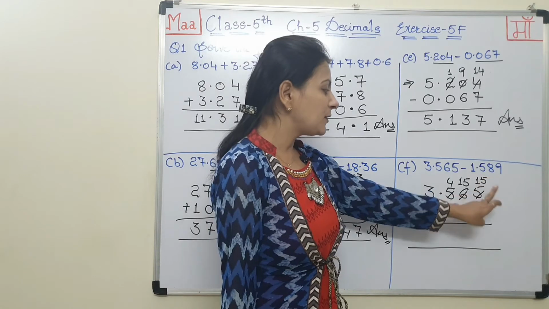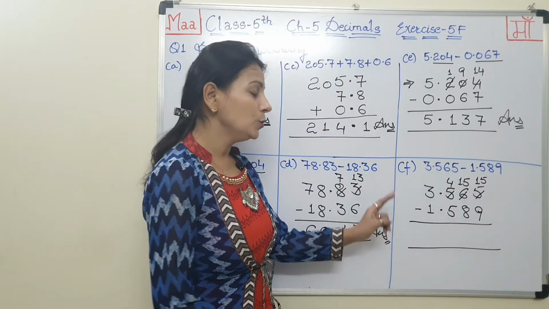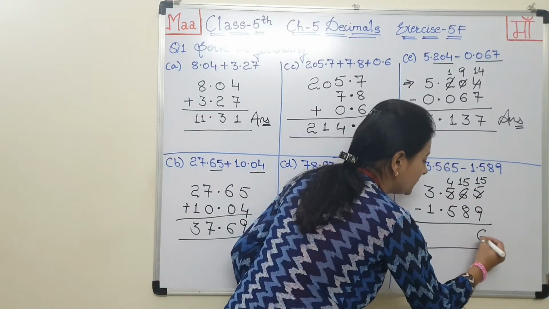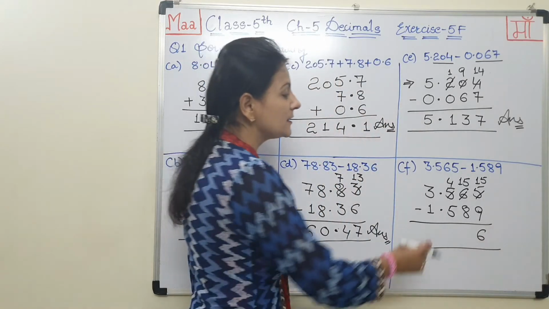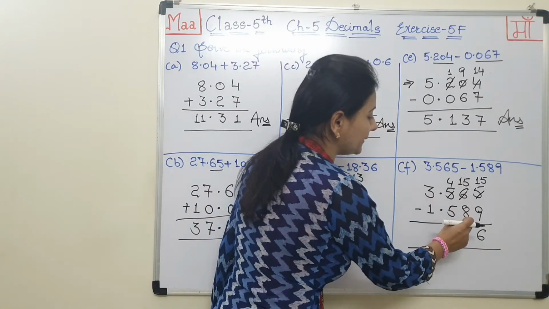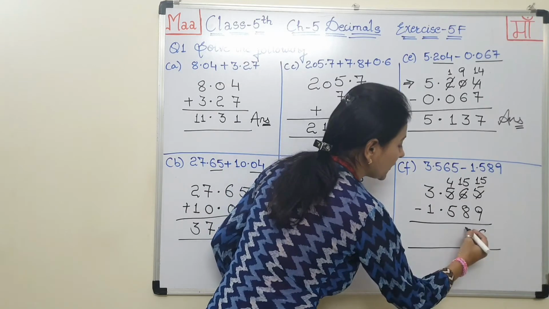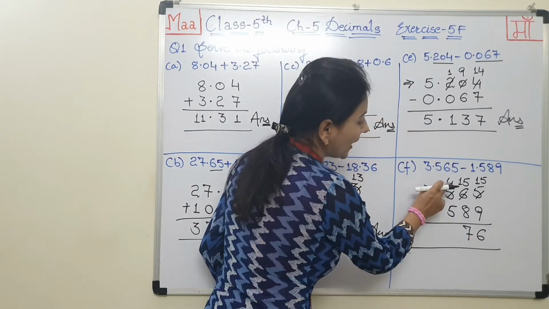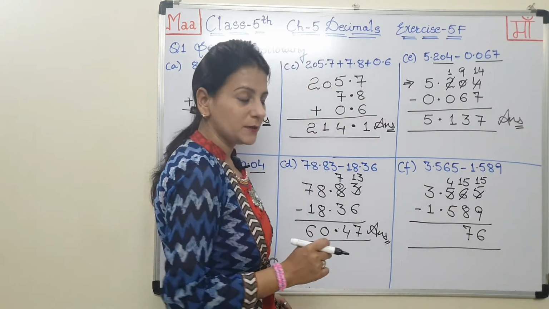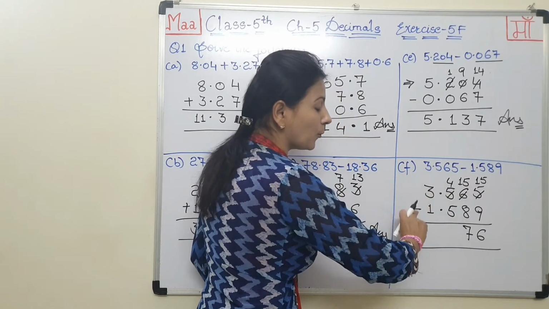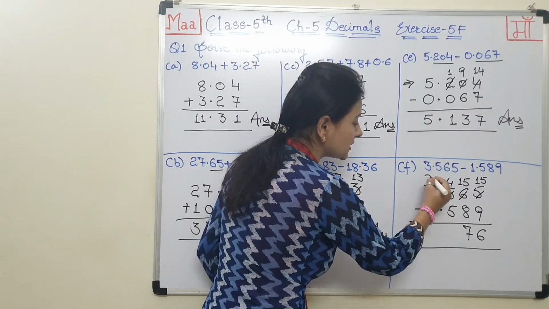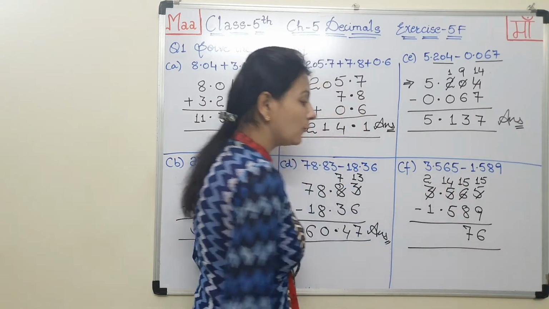Now here 15 minus 9 is equal to 6. So here we will write 6 in the 1000th place. Then 15 minus 8 is equal to 7. So here it will come 7. Now 4 minus 5 is not possible. So this 4 will take a borrow from the 1's place. So this 3 will become 2 and 4 will become 14.